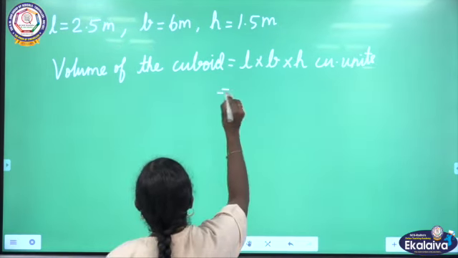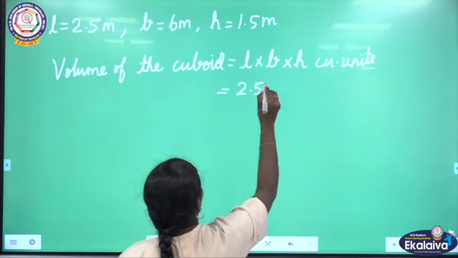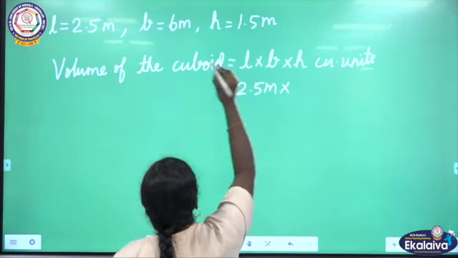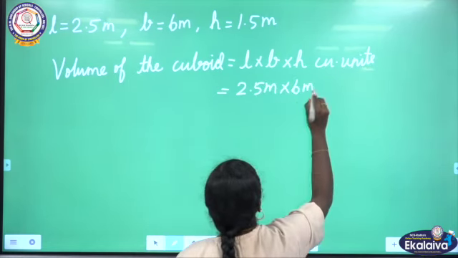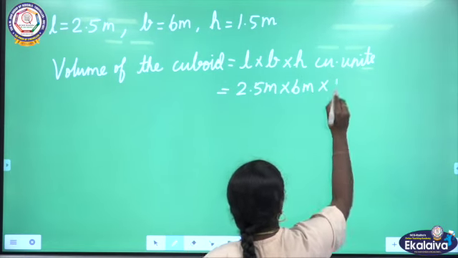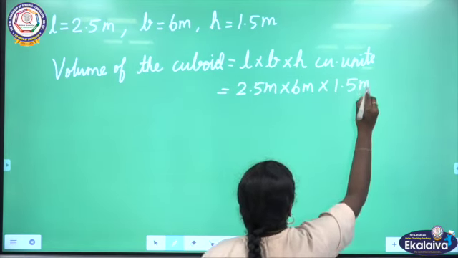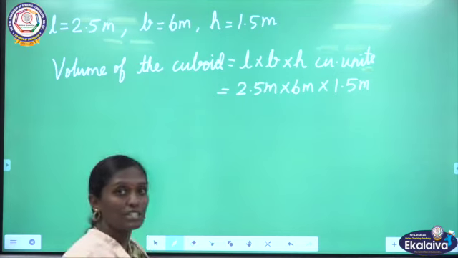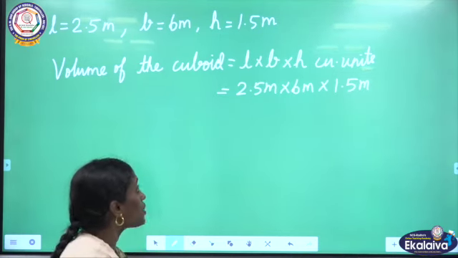Okay. So, length is equal to 2.5 meter into breadth is equal to 6 meter into height is equal to 1.5 meter. While multiplying the decimal number, we have to consider as a whole number.